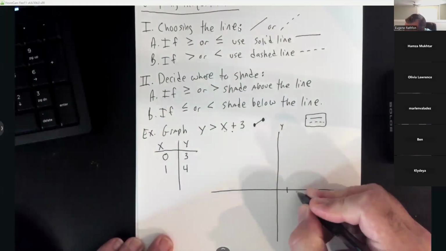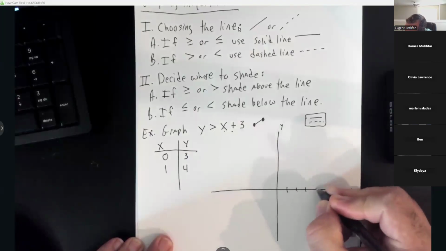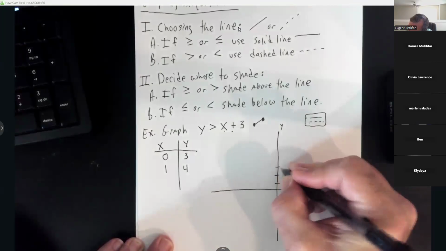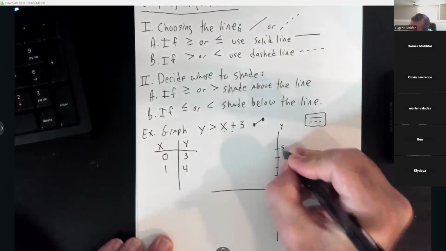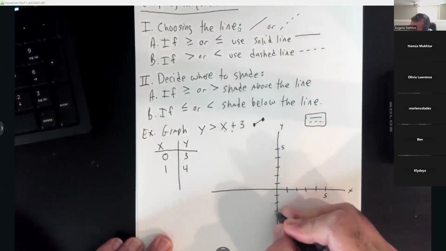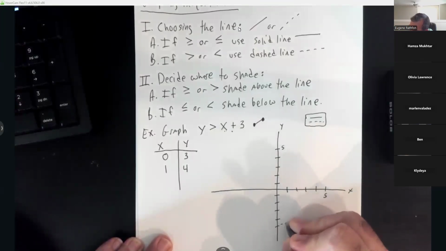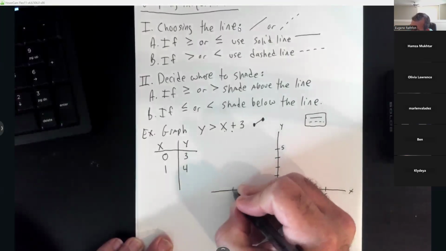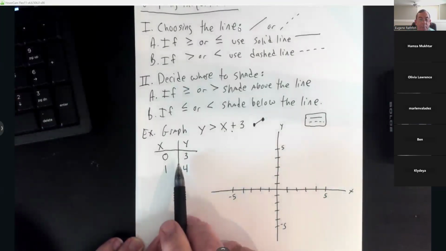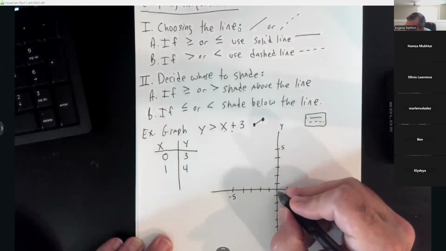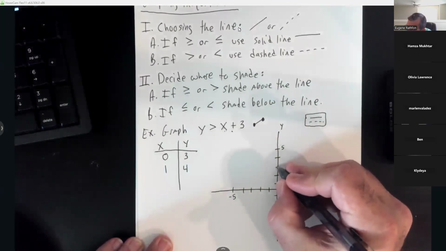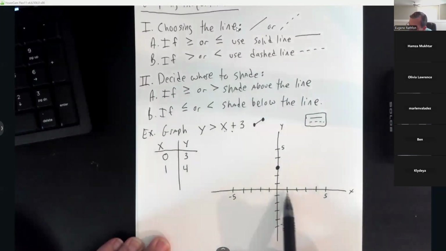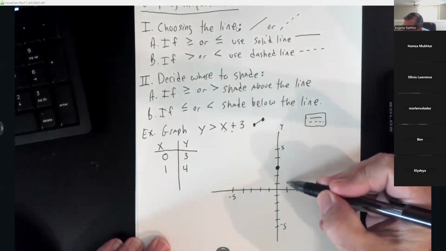Let me make this go out about 5. My first point is 0, 3, so 0 on the x, go up 3 on the y. Then my second point was 1, 4, so 1 on the x and then up 4.